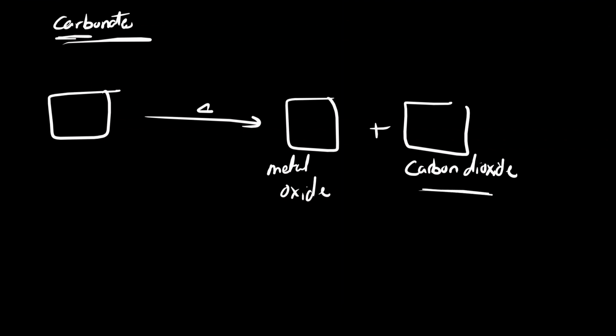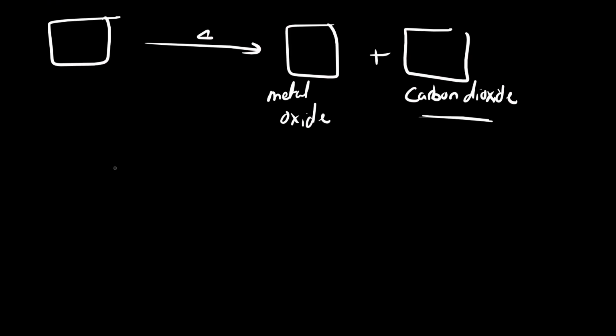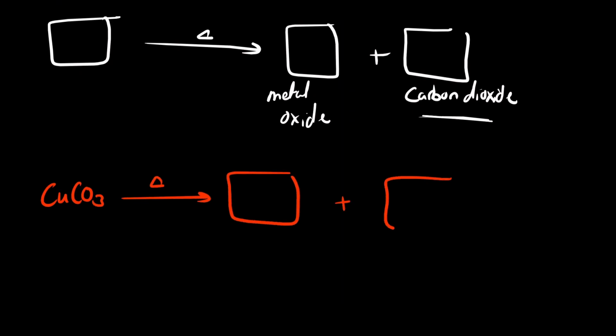So let's have an example. Let's say we have copper carbonate. By exposing it to heat, you get two resultants. The first resultant is the metal oxide. So where's the metal here in the reactant? It's the copper, right? Not the CO3 or the carbonate group. So CO3 and attach an oxygen atom to it. So it becomes oxide. So it's copper oxide, right?